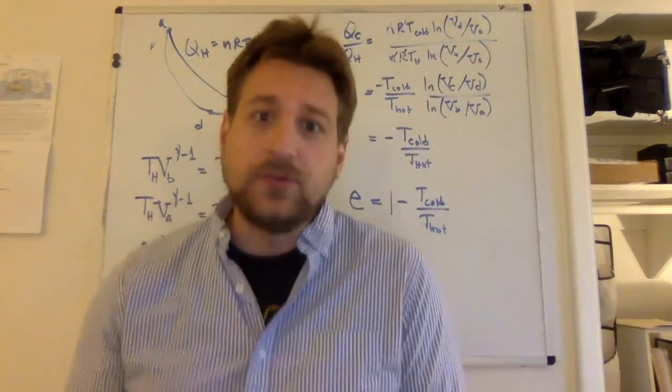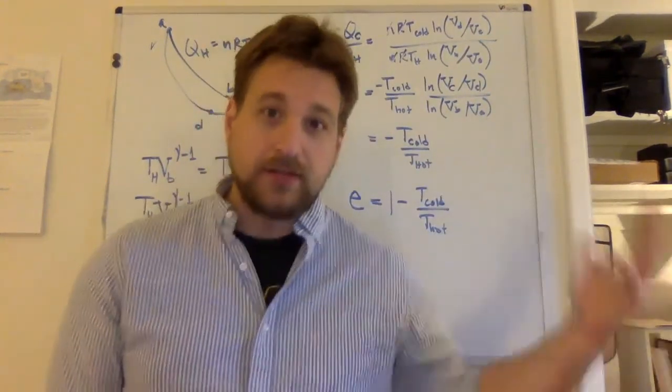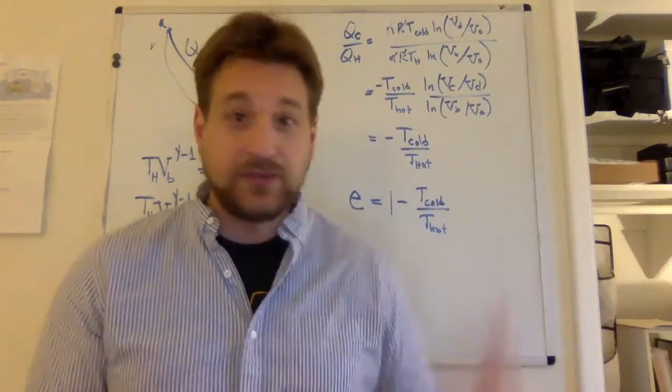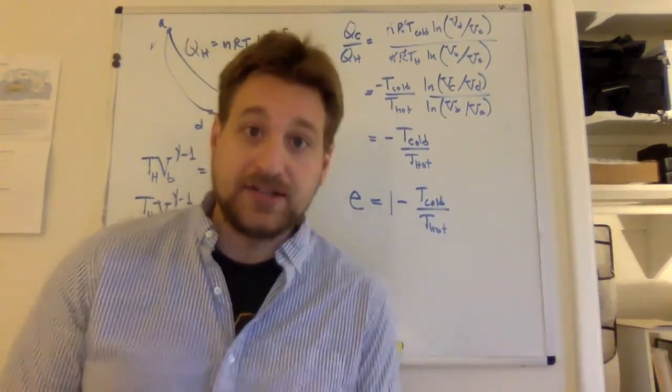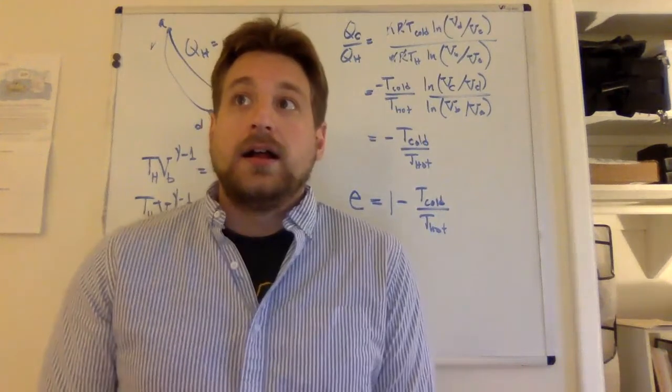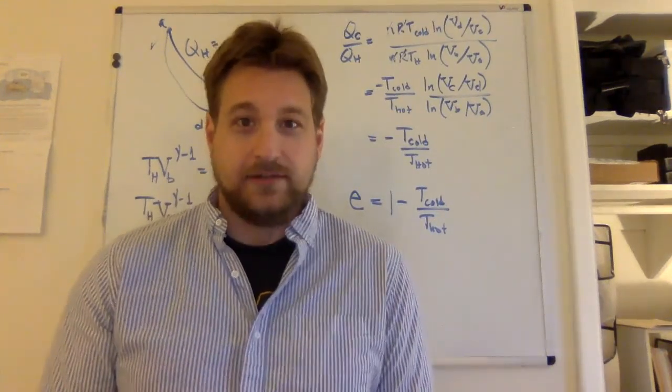There's no way to engineer a place to exhaust to that has a temperature of 0 Kelvin, which means we can't do it. We cannot make a perfect engine. And that is a big deal.